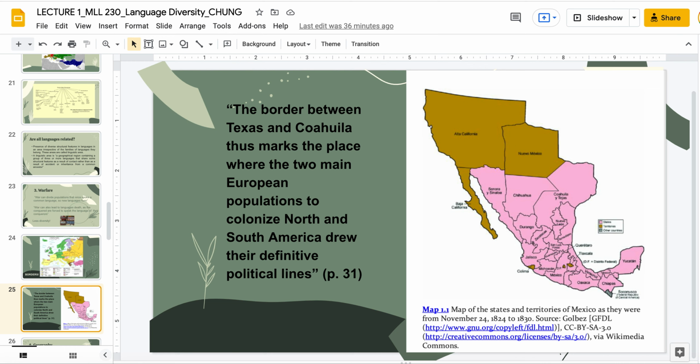It was like one day there was a big war, and then one day, the people residing in Mexico woke up and they were suddenly American, right? It was just kind of these lines that they drew, right, to colonize North and South America. And so this border of Texas and Coahuila, I think, tries to mark these different places.